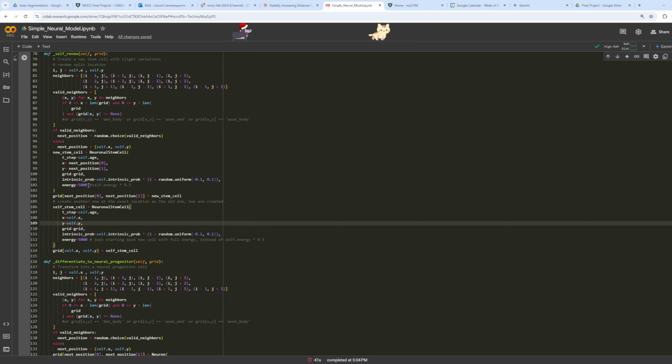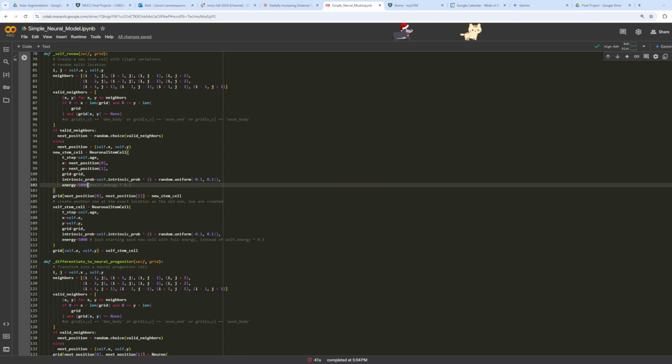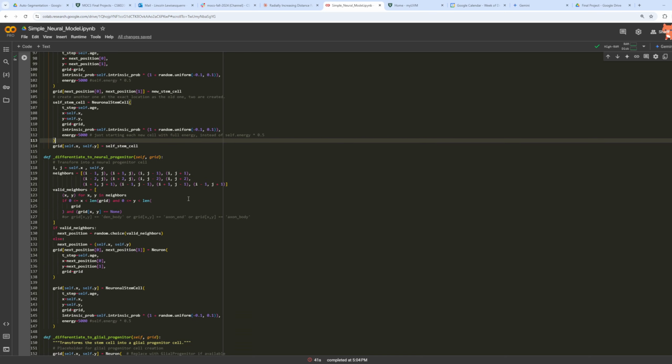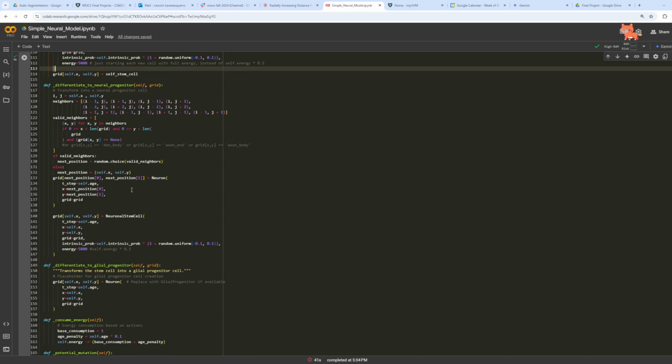Now, one thing to note is that I am assuming that when the birth of a new cell happens, they start at the same exact energy as the very first cell. So it's starting with full energy, basically, when it should technically be different, but I haven't modeled that portion yet because that's another complex model variable. So the neural progenitor does the same thing.